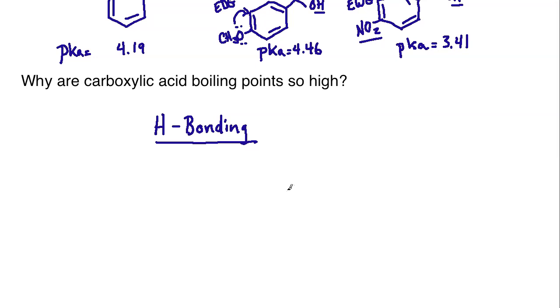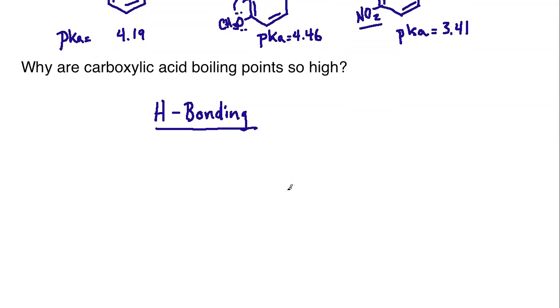And so carboxylic acids have the hydrogen bonding capability, but their structure also allows them to have two hydrogen bonds between the two structures, and they end up creating very strong dimers, okay, which is a unit of two of the same molecule. So I'm going to try to help illustrate this here.